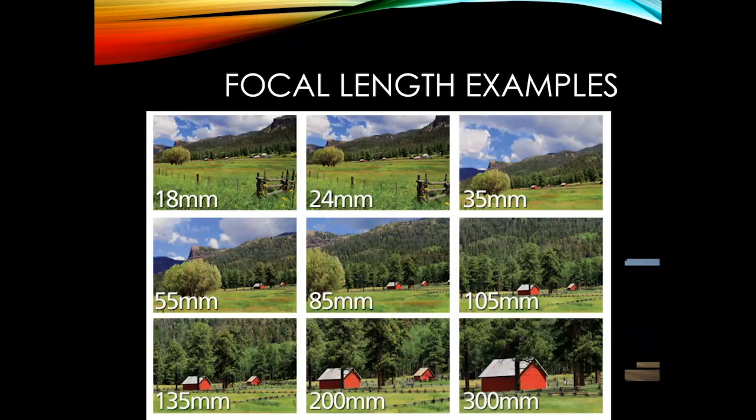So we talked about the focal length examples. So this is all the same picture. So 18 millimeter, you see really, really wide, right? 24 millimeter, still wide angle, but just ever so slightly on the edges.